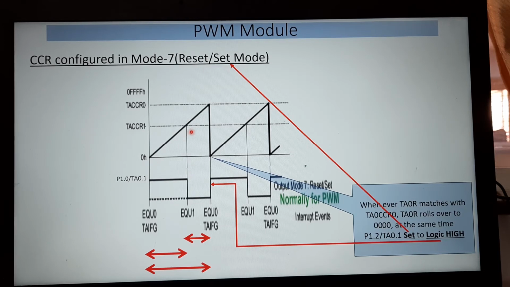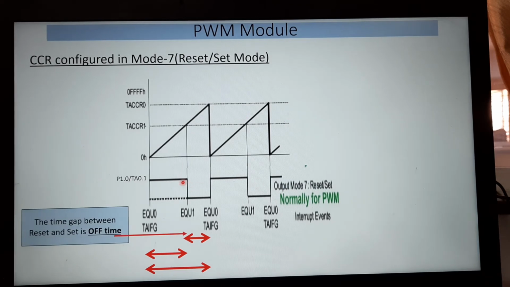That means whenever the timer first matches with TACCR1, it resets, and whenever the timer matches with CCR0, it sets. The time gap between reset and set will be the off time of the pulse width modulated waveform. So this is the period of the pulse width waveform, this is the on time of the PWM waveform, and this is the off time of the PWM waveform.